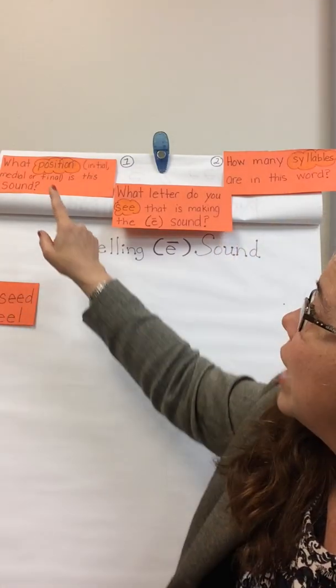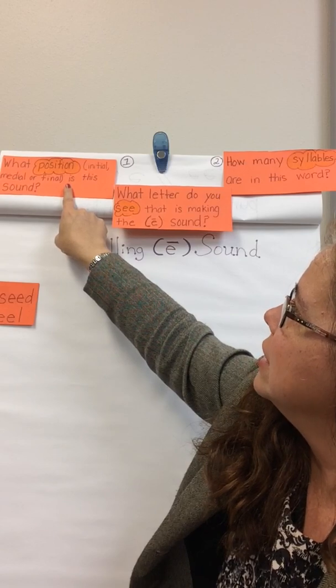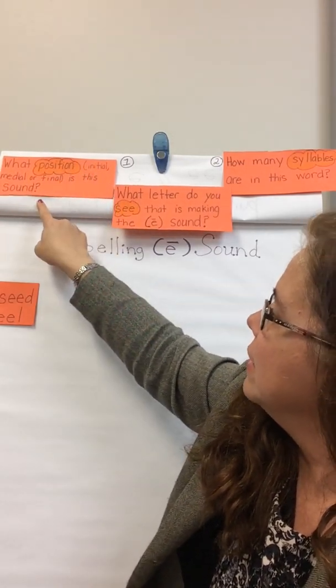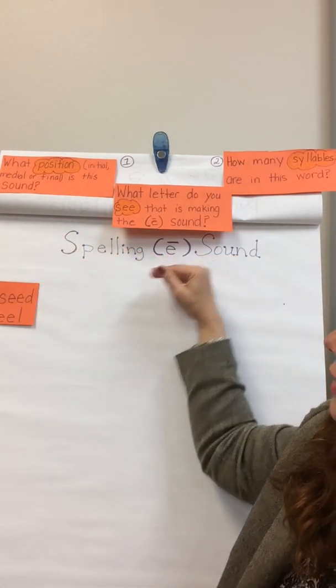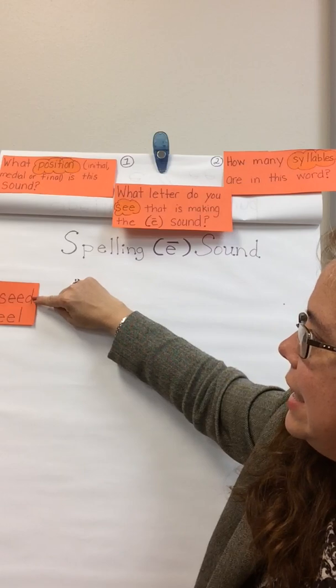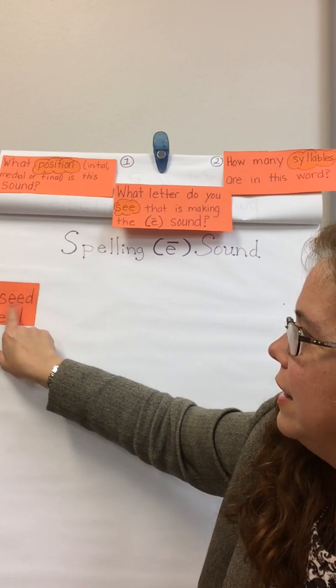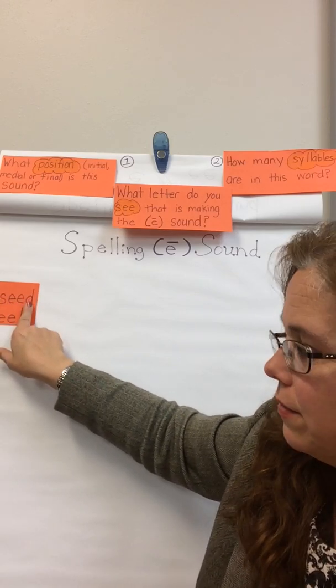Now, let's look at our very first question. What position, initial, medial, or final, is this sound? And the sound that we're spelling today is E. So where are we seeing the E sound in seed? Right there. It's in the middle. It's between the initial and the final.